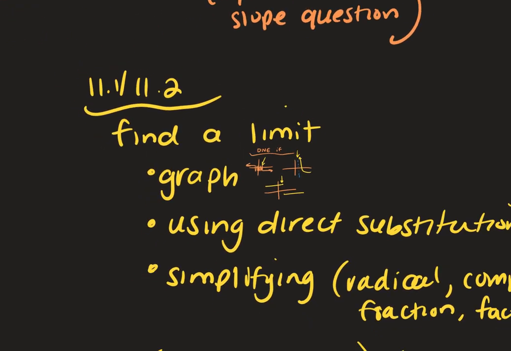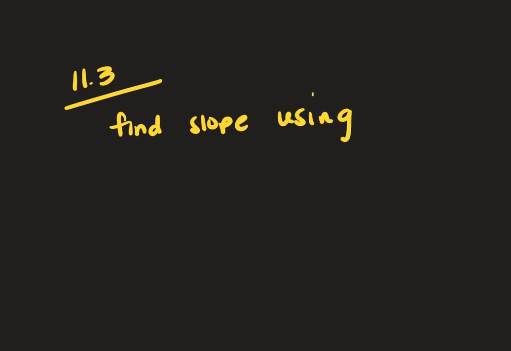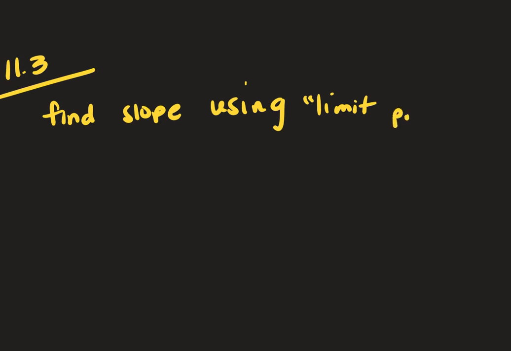Okay, and then 11.3 would be finding the slope using the limit process, is what it's called. That's what the instructions will say.